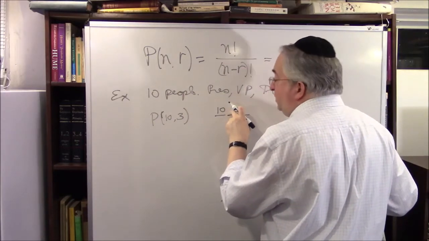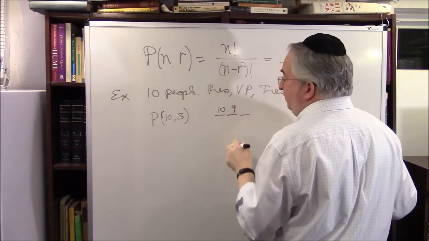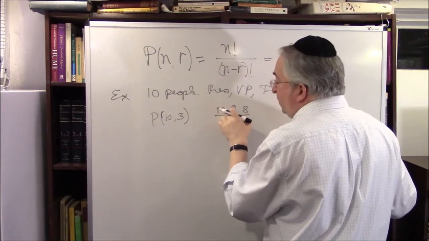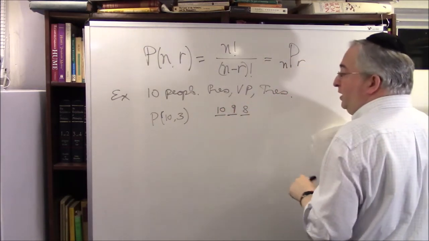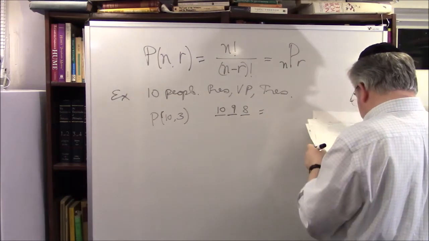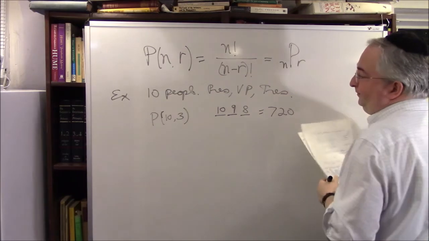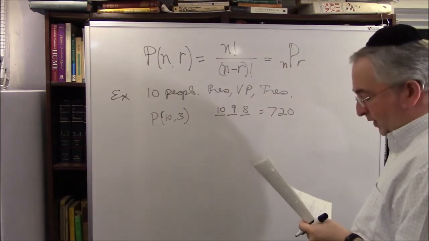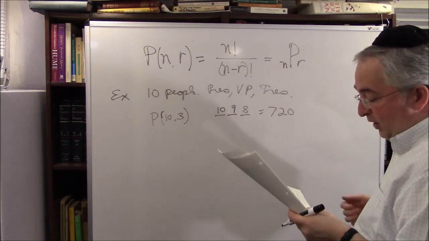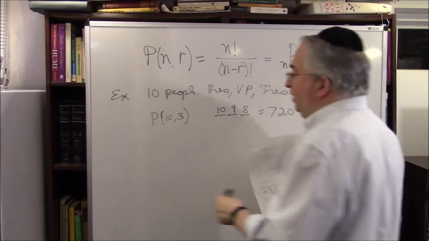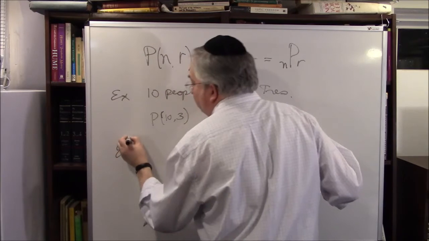The vice president can be anybody except for the president, and the treasurer can be any one of the 10 people except for the president and the vice president. So this is equal to 10 times 9 times 8, which is equal to 720. So there are 720 ways.